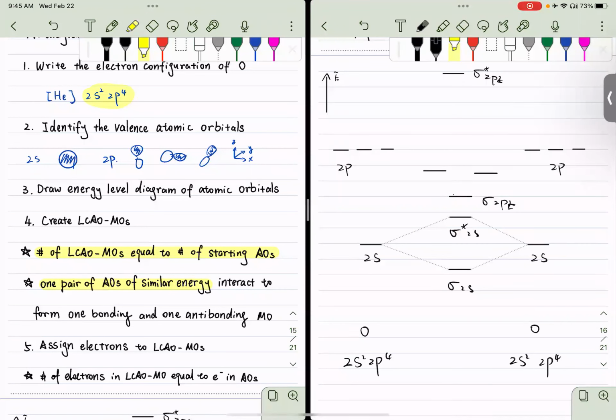And here we have the pi 2px, pi 2py, and the pi star 2px and pi star 2py, coming from overlapping of the 2px and 2py atomic orbitals. These are the molecular orbitals coming from p atomic orbital interactions.